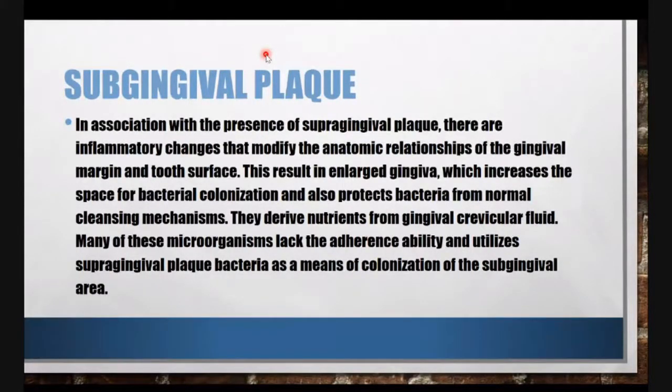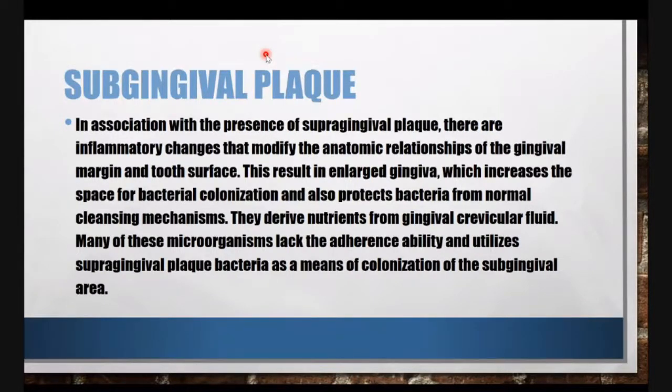Subgingival plaque. In association with the presence of the supragingival plaque, there are inflammatory changes that modify the anatomic relationships of the gingival margin and tooth surface, result in enlarged gingiva, increase the space over bacteria colonization, and also protects bacteria from normal cleansing mechanism.